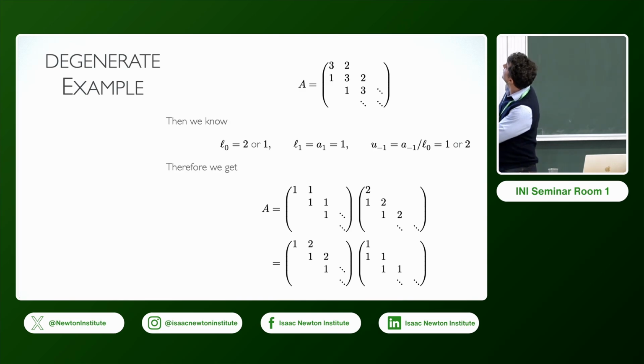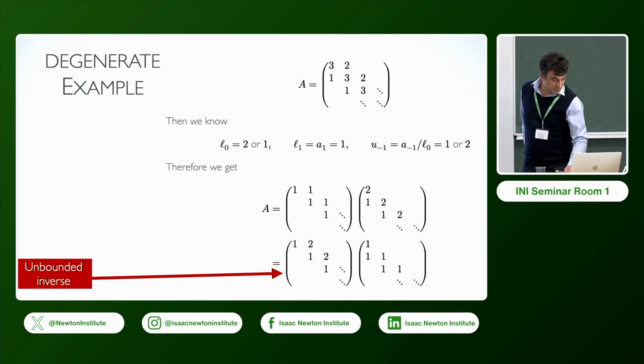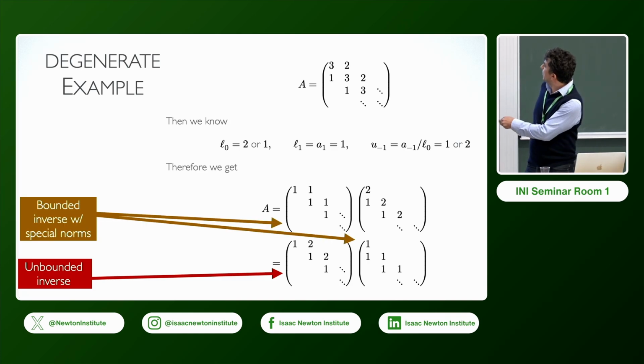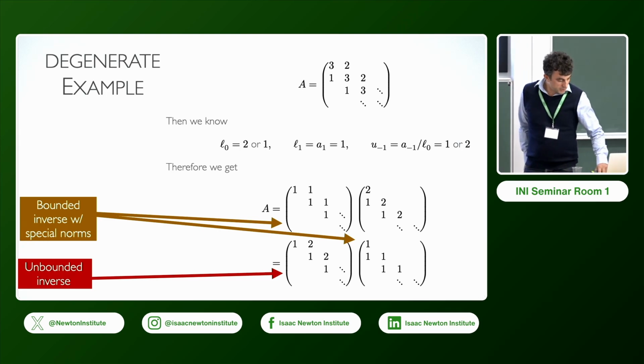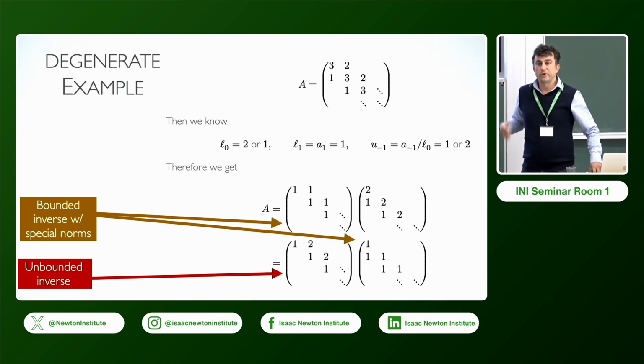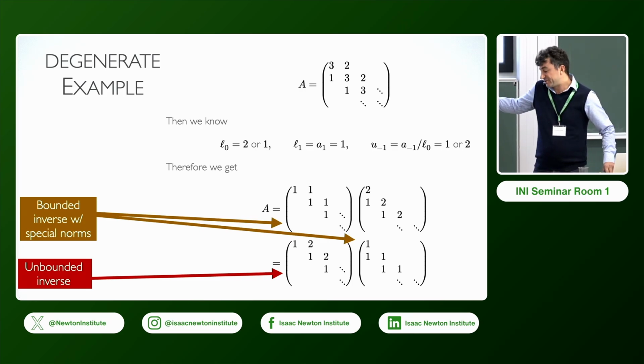Okay. So we can take this degenerate case and get these two UL factorizations, and only one of them is sort of, the bottom one has clearly unbounded inverse, where this is bounded if we use the right norms. So from a practical standpoint, for tridiagonal Toeplitz matrix, we essentially know the exact answer.